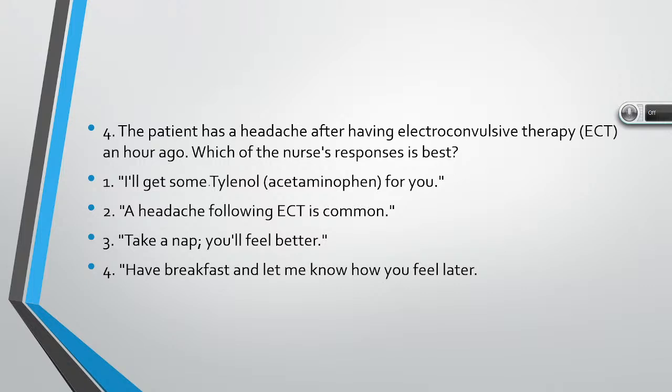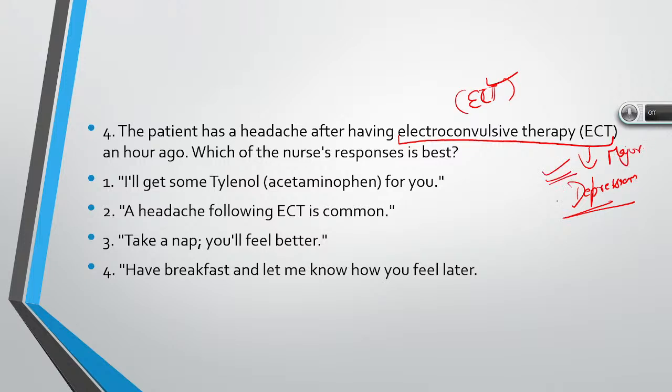So here, the basic concept in the question is about ECT. ECT means electroconvulsive therapy, as we all know. ECT is basically a psychiatric procedure given for depression patients. The main indication of ECT is major depression.